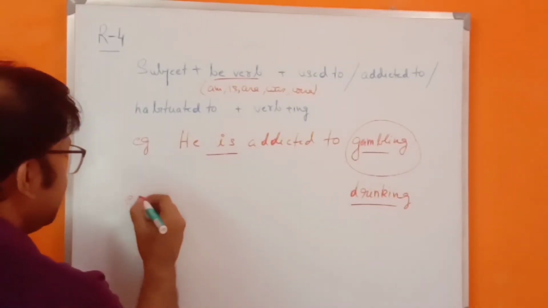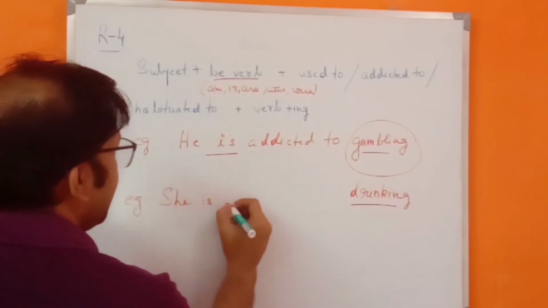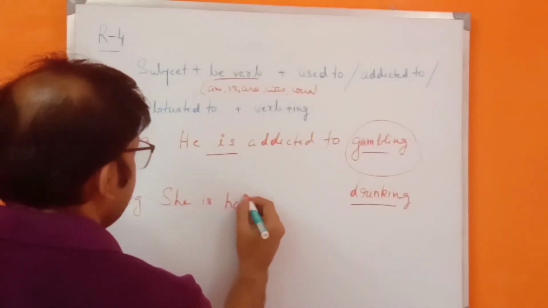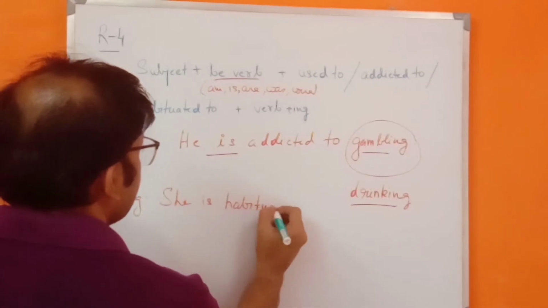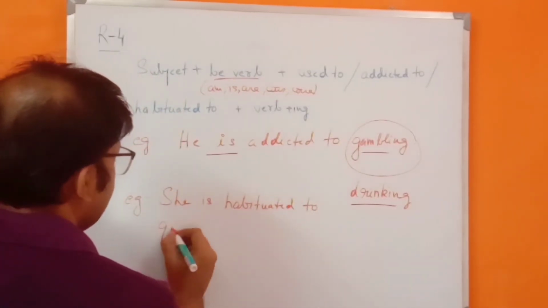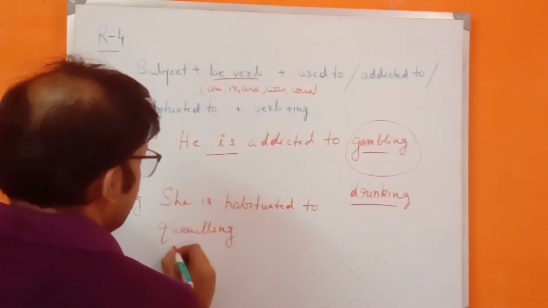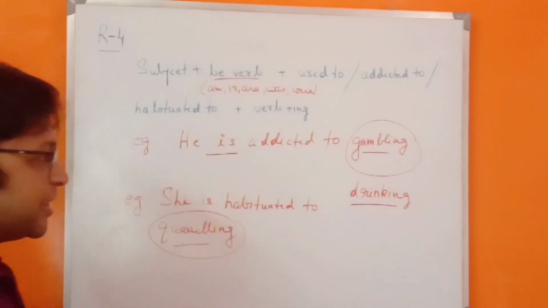Another example, she is habituated to quarreling. Here also, as you can see, the gerund is being placed here.